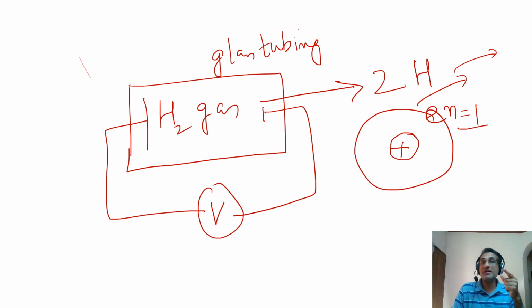Here I have represented n is equal to 1 because initially the electron is present in the first orbit. That represents its principal quantum number. So with the value of n being 2, 3, 4, 5, 6, accordingly the radius of the orbit also goes on increasing and the energy of the electron also goes on increasing as it occupies a higher and higher orbit.